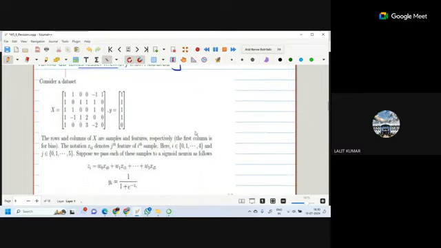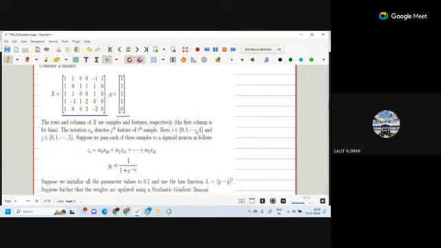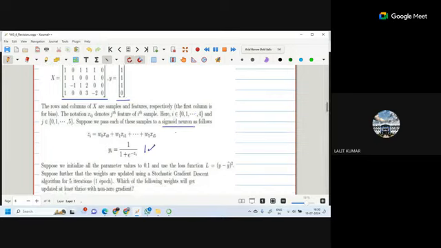For example, this is a data set X, this is Y, and they have given that suppose we pass each of these samples to a sigmoid neuron. We know the sigmoid neuron. Suppose we initialize all the parameters values to 0.1, use the loss function this. Suppose further that weights are updated using a stochastic gradient descent algorithm for 5 iterations.